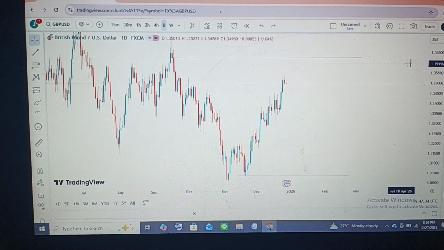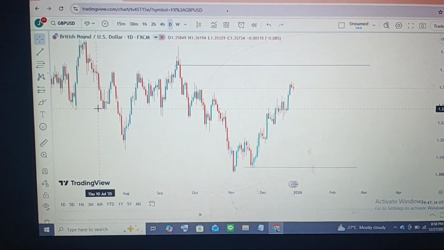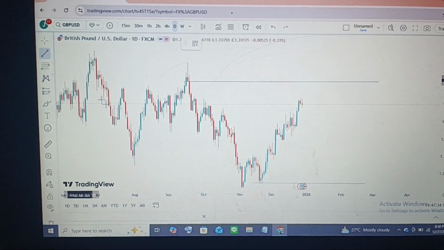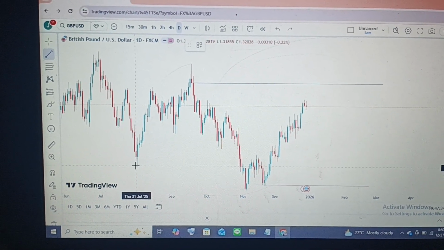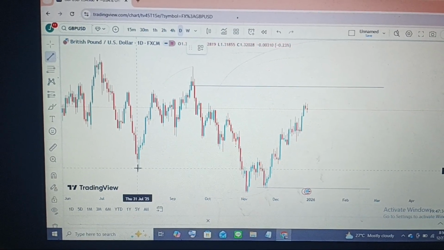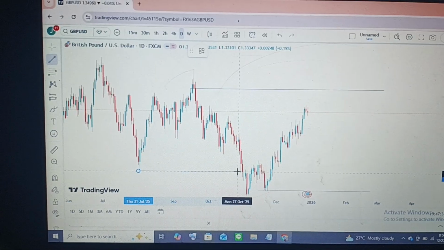The reason I'm regarding this market as a bullish market is because it's based on my trading style. If you observe from here, this is a low. We are more of working with the current trend of the market.